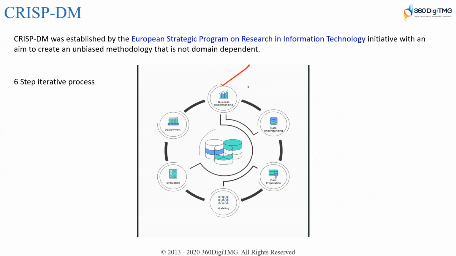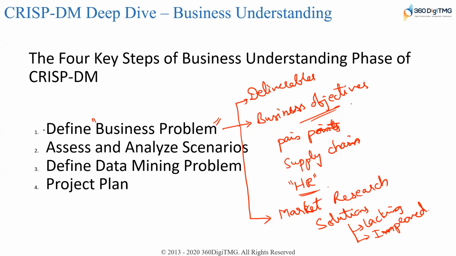We are discussing the first, which is business understanding. Within business understanding, there are four sub modules, and we have understood the first sub module, which is define business problem. Now we will be moving to the next phase, which is assess and analyze the scenarios.